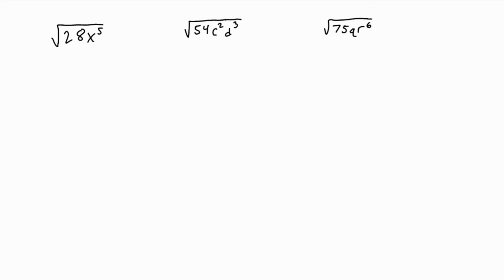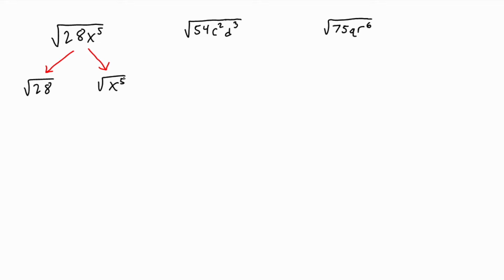Okay, so we're simplifying square roots just like we did in the last video. However, now we've added variables. The best thing that I suggest to do is, before you do anything else, split these up. So we've got square root of 28 and square root of x to the 5th.